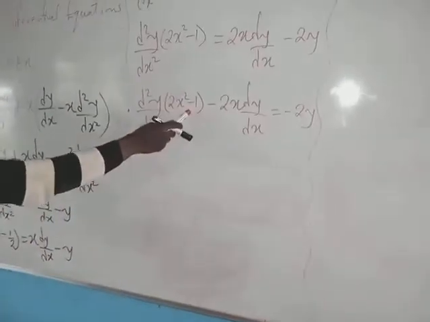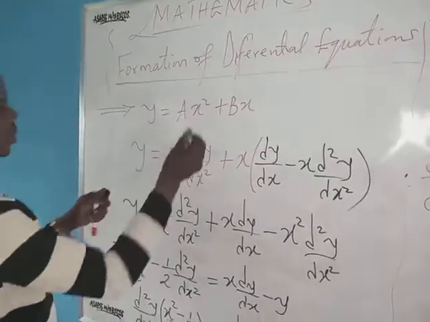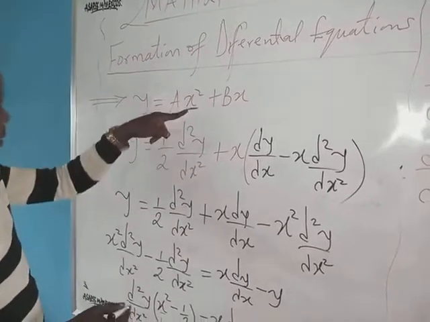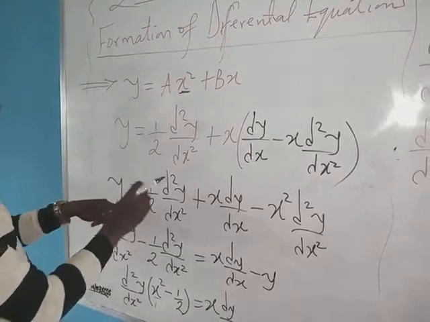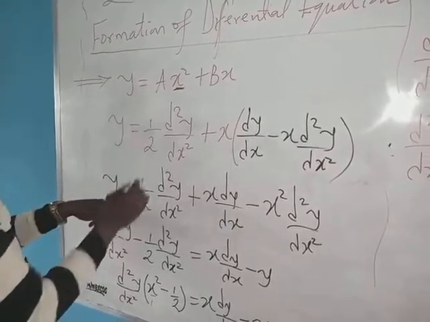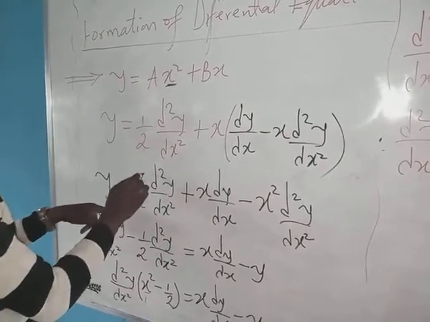We still have x here. So this x, we need to put x. Okay, sorry, this should be a. This is our a to be x squared.